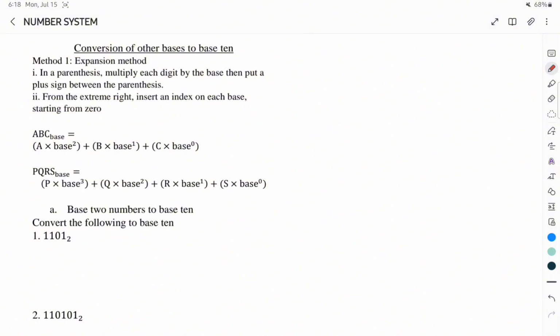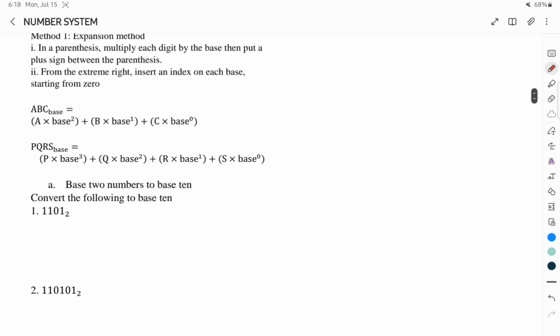So let's start with the first example here. We have 1101 base 2. According to the method, let me open a bracket and multiply each digit by the base. The first digit, 1, multiplied by the base.